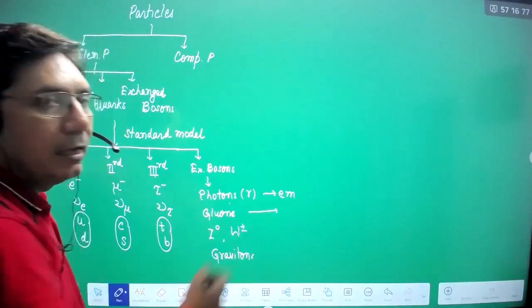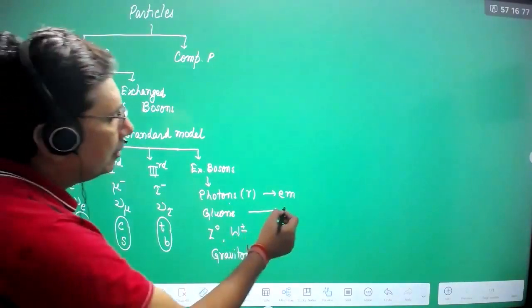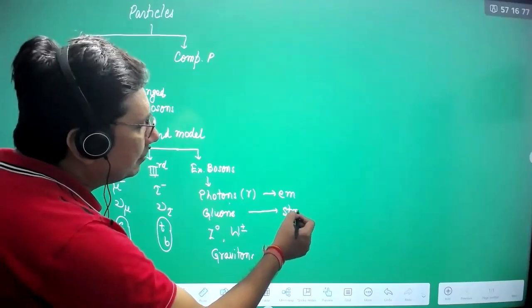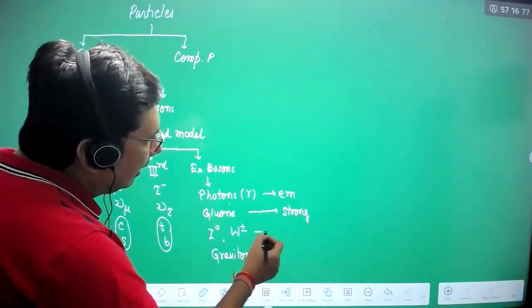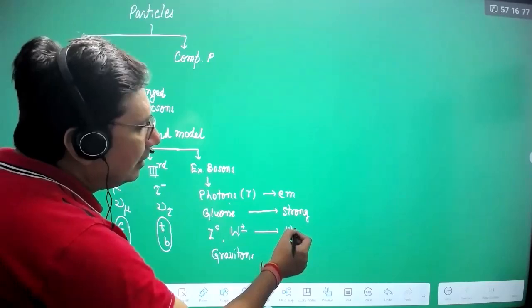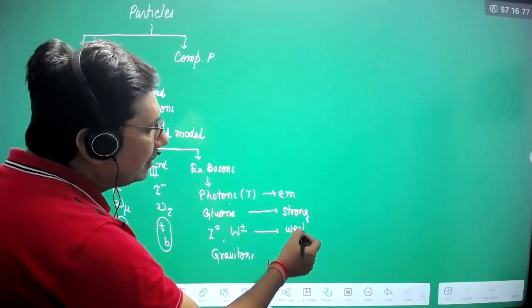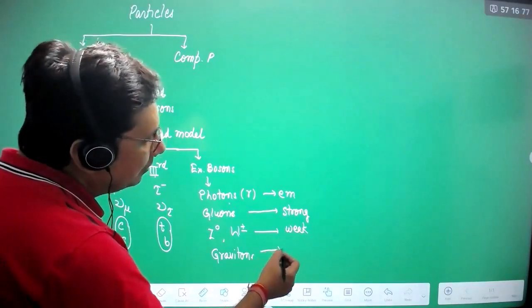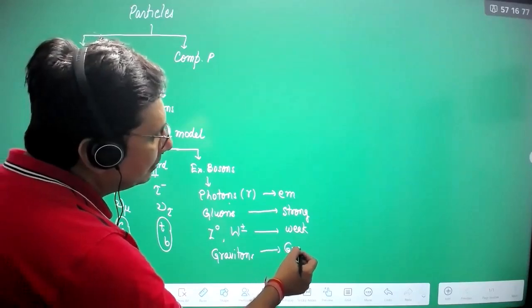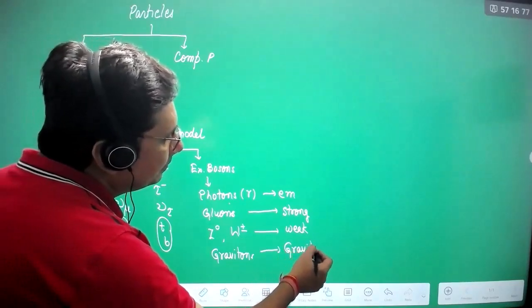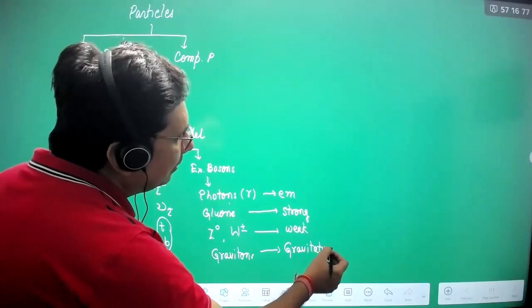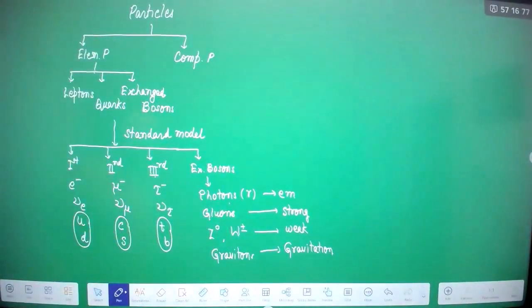Gluons are the exchange particles for strong interaction. The heavy bosons are the exchange particles for weak interaction. And the last one is for gravitational interaction. So first we have discussed these aspects.